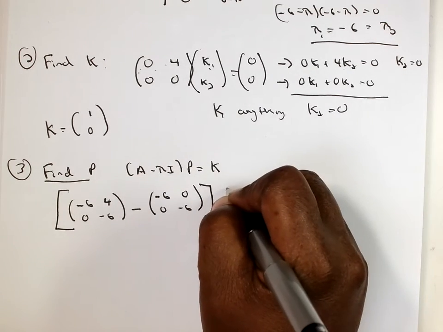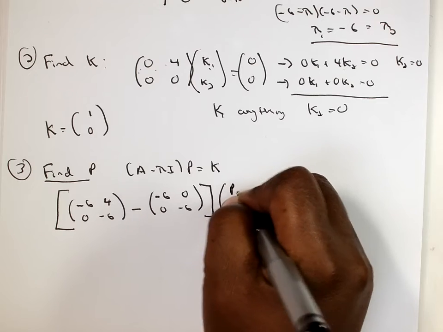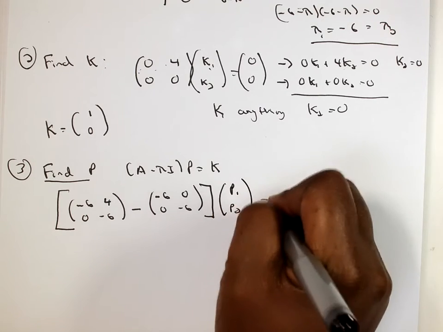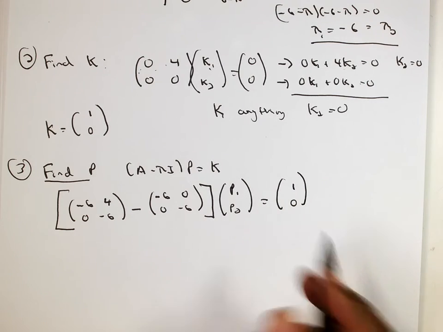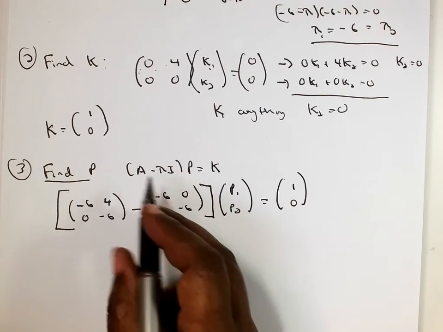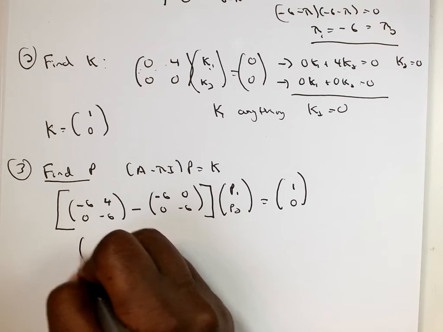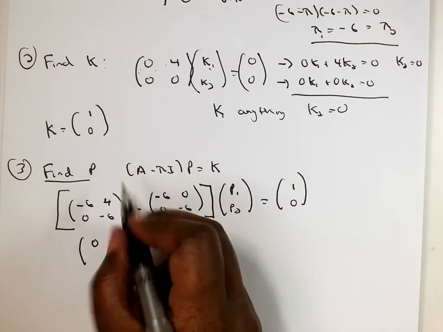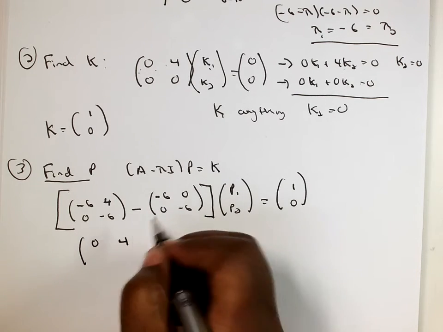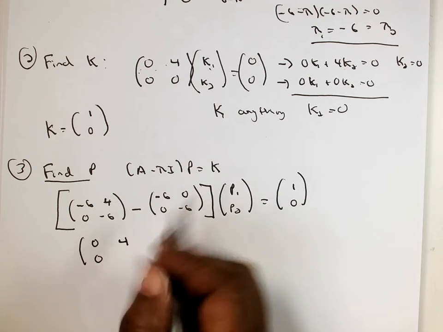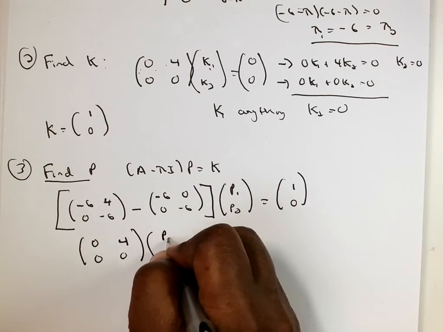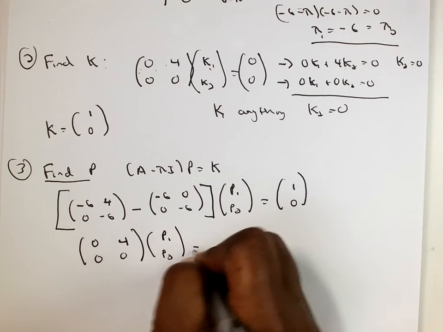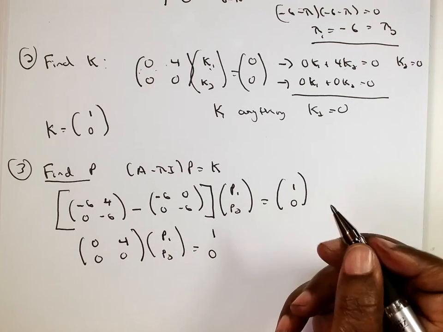And then I'm going to have to multiply that by (p1, p2), and it's going to equal K, and K was (1, 0). So negative 6 minus a negative 6 gives me 0. 4 minus 0 is 4. 0 minus 0, and negative 6 minus a negative 6. And it equals (1, 0).